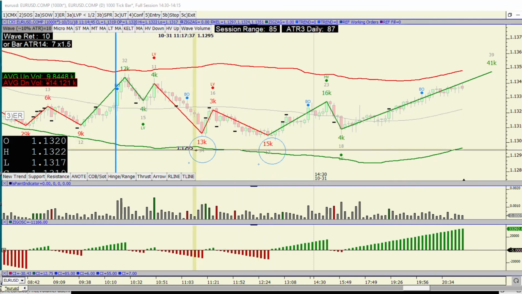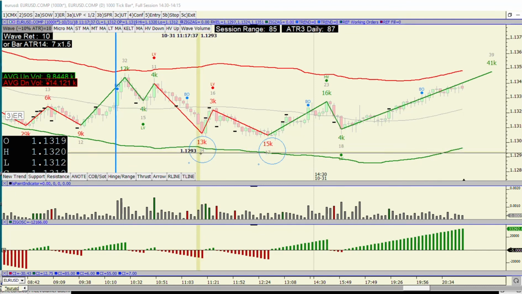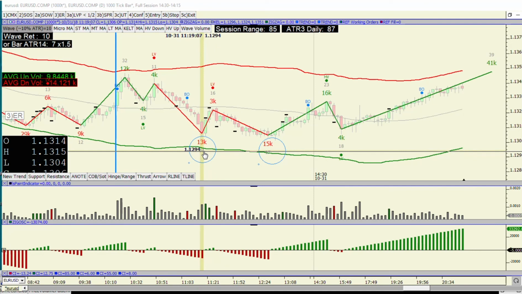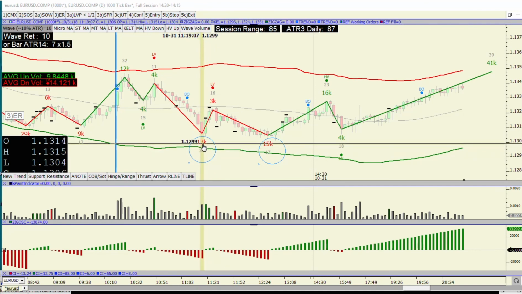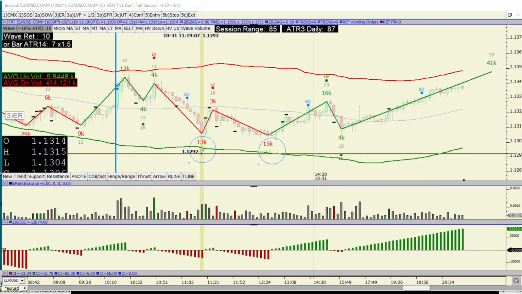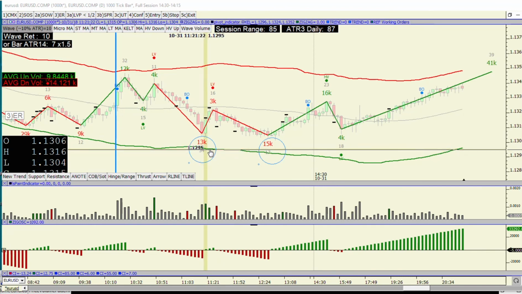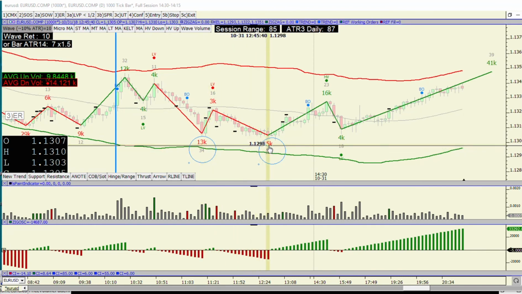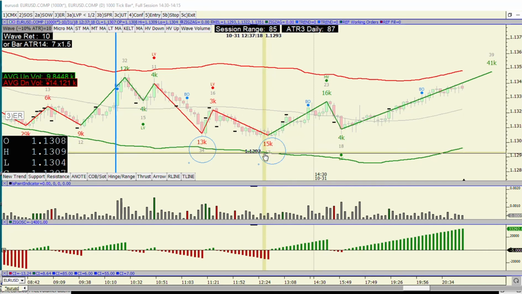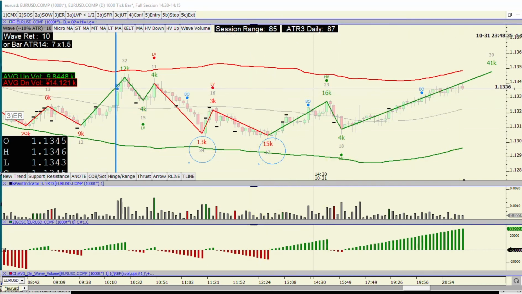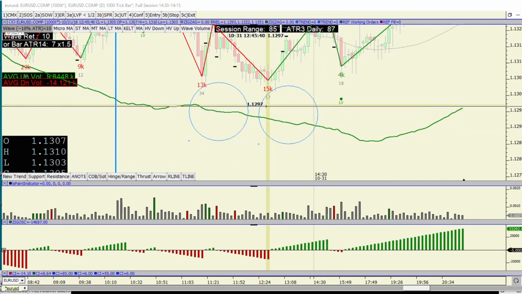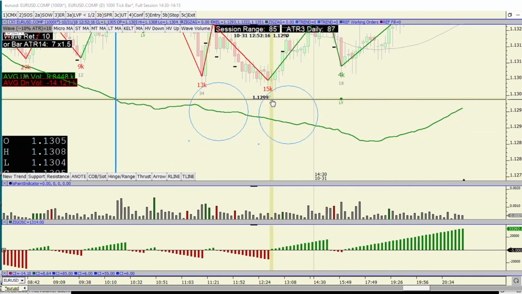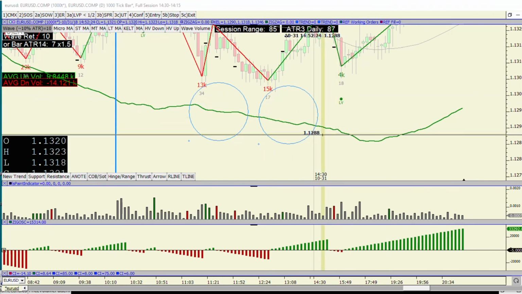Your expectation is that it should be similar or slightly more pips. So it should be 34 or higher, because 13,000 pushed price 34 pips. 15,000, which is more volume, should push price 34 pips or more. But instead, it pushes price 17 pips.